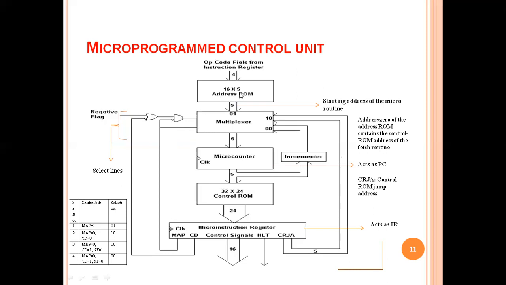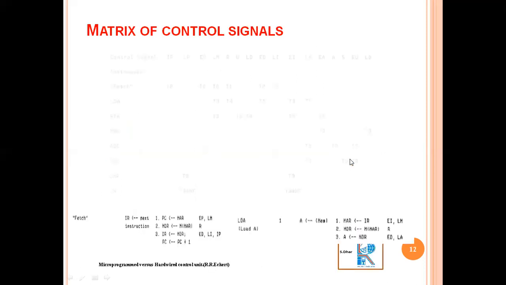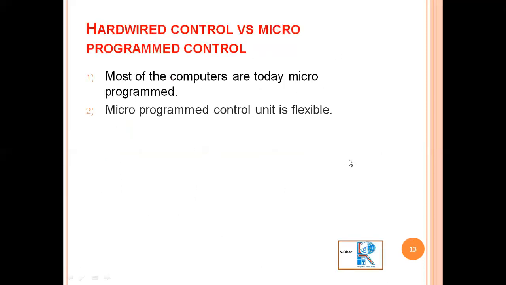That means it will take the data from the address ROM. So 0 1. Good. When map is equal to 0, CD is equal to 0, what will happen? It will be 1 0. 1 0 means this data will be incremented. See here, when map is equal to 0, CD is equal to 0.